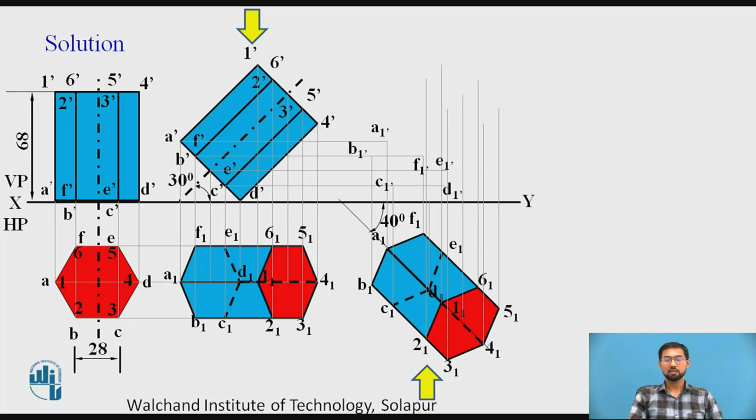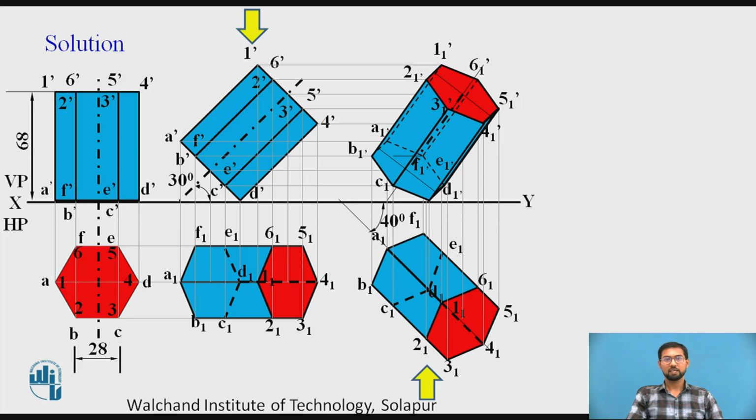Similarly, we will take projectors from the top base of the hexagonal prism from the bottom view to the front view, and we take projectors from the third view, and we will mark 11 dash, 21 dash, 31 dash, 41 dash, 51 dash, 61 dash, which are coinciding points, and we can easily draw our final view.